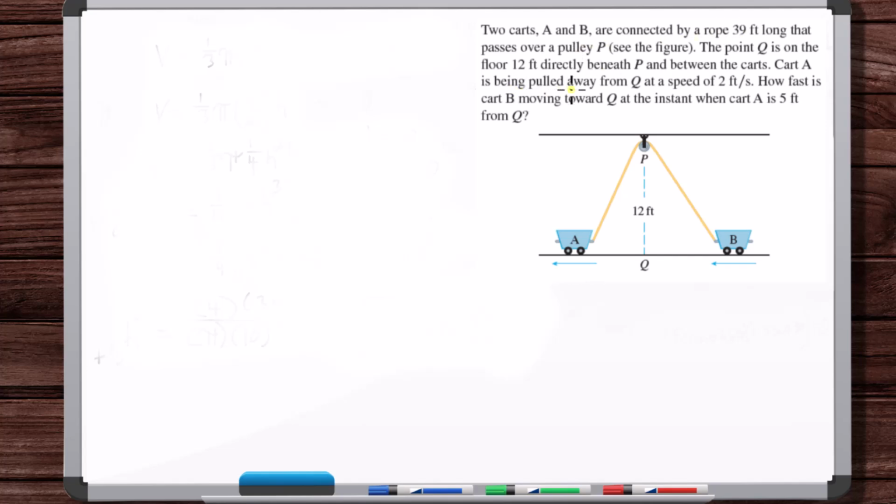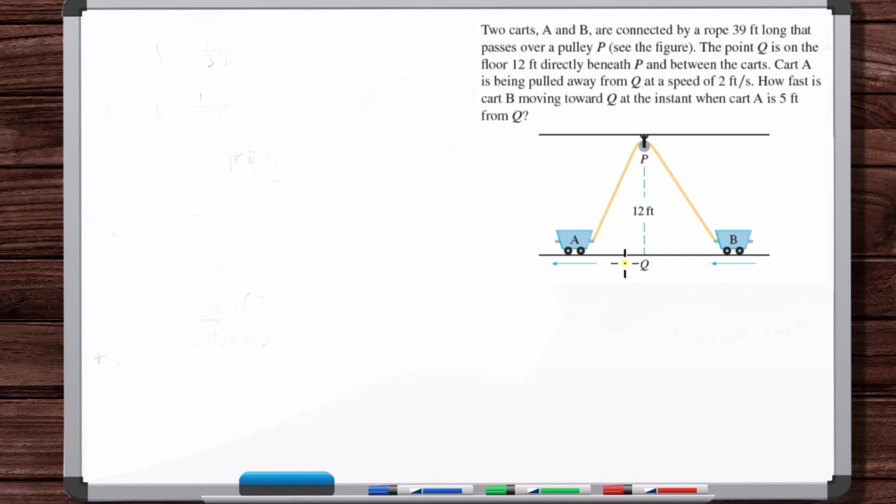So cart A is being pulled away from Q at 2 feet per second. Someone or something is pulling it. How fast is cart B moving towards Q when cart A is 5 feet from Q? And the rope is 39 feet long.